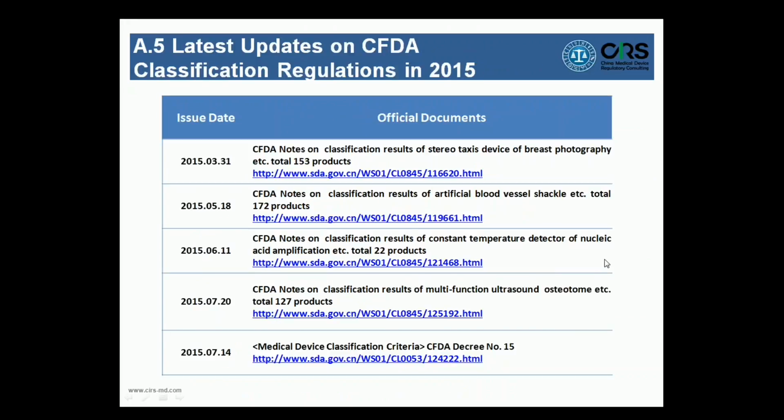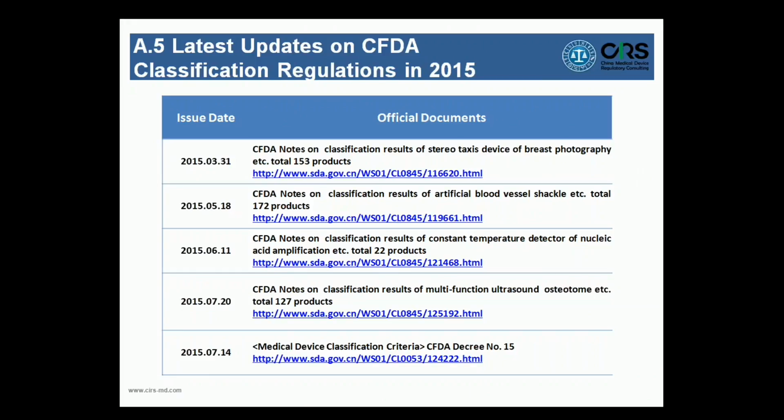And these are the latest updates on CFDA classification regulations in 2015. CFDA issued a total of 4 notices on classification results this year, and a total of 474 products have been classified. I listed the 4 notices here. If anyone is interested in this, you can visit them by yourself.